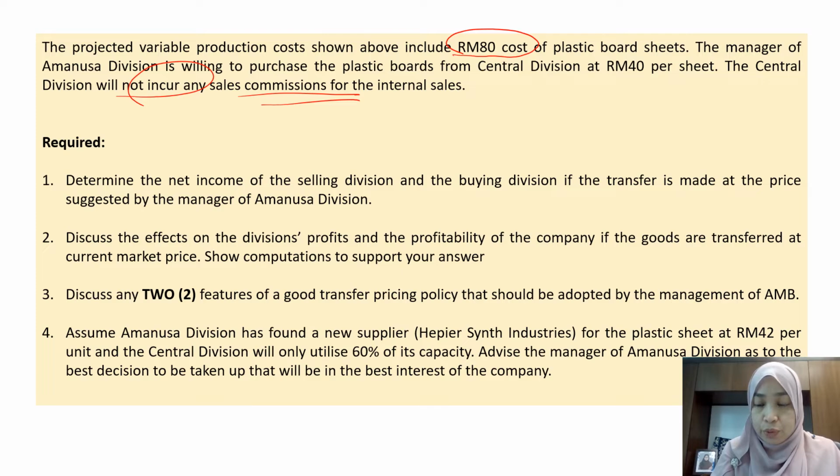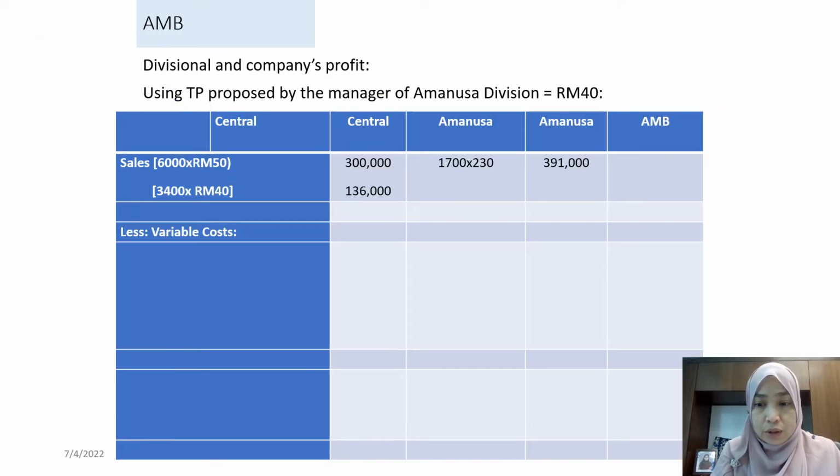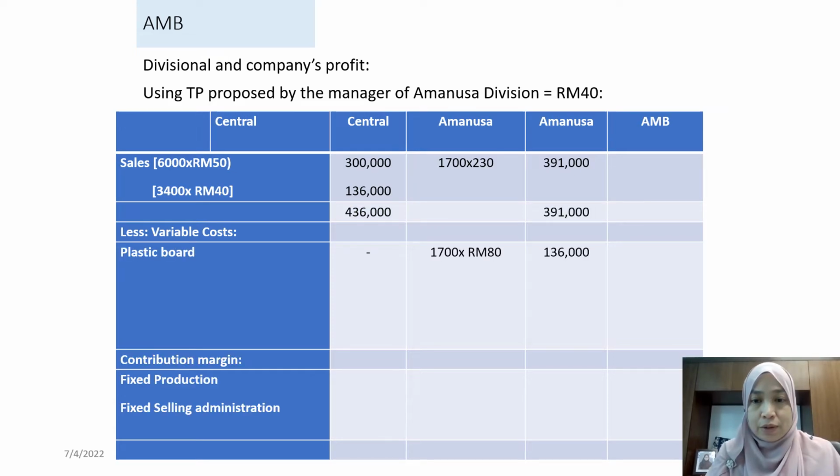If you look at the second table just now, variable production cost is 112. That means included in 112 is 80 ringgit cost of plastic board.